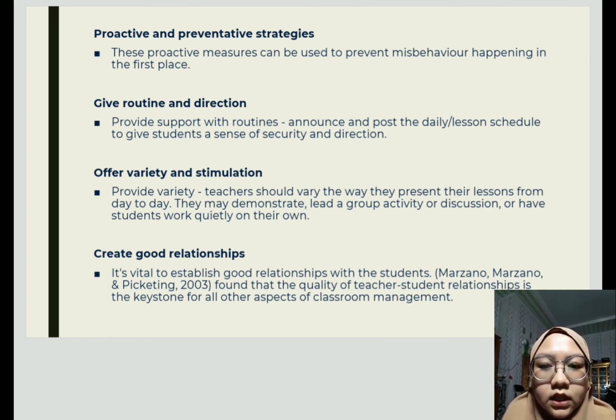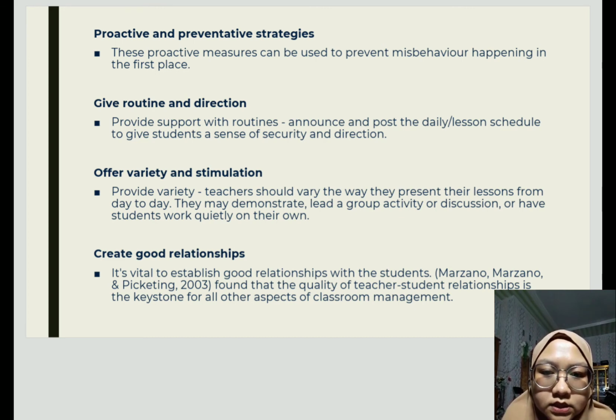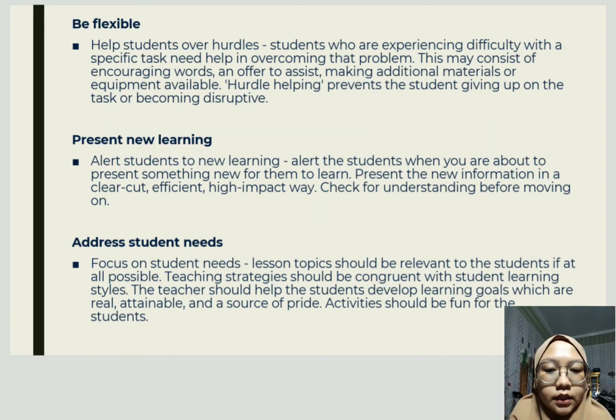Create good relationships. It's vital to establish good relationships with the students. Marzano and Pickering in 2003 found that the quality of the teacher-student relationship is the keystone for all the other aspects of classroom management. Next, be flexible. Help students.